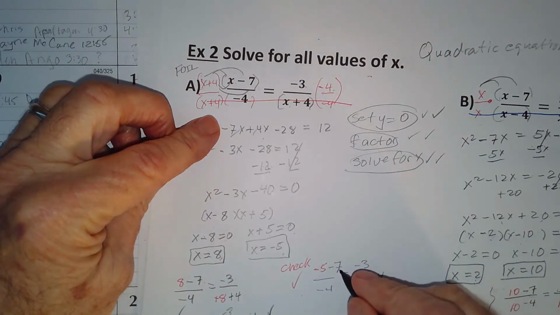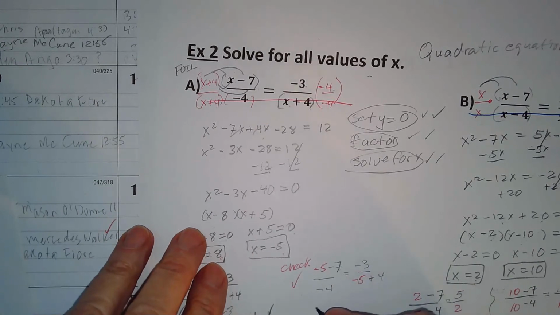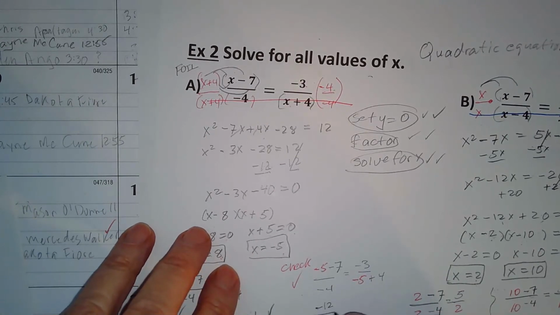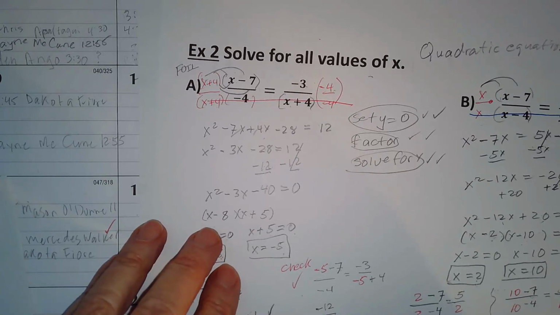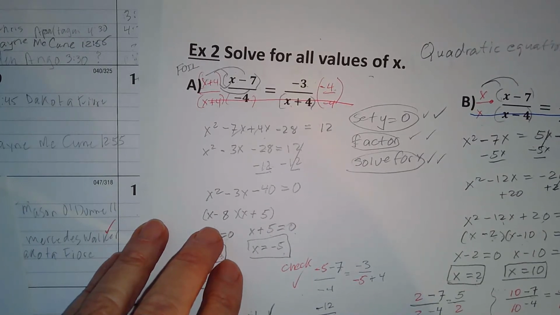So negative 7 and negative 5 is negative 12. That's negative 12 divided by negative 4, and 4 goes into 12 3 times. Negative divided by negative is positive, so that simplifies to 3.